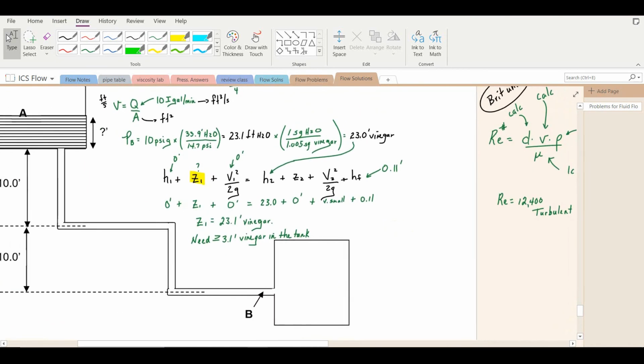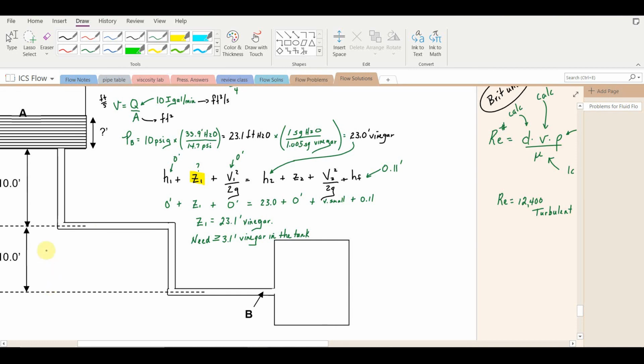So when you collect these terms, 23 feet is the pressure at B, plus the 0.11 head loss due to friction, it comes out that Z1, this height right up here, must be 23.1 feet of vinegar.